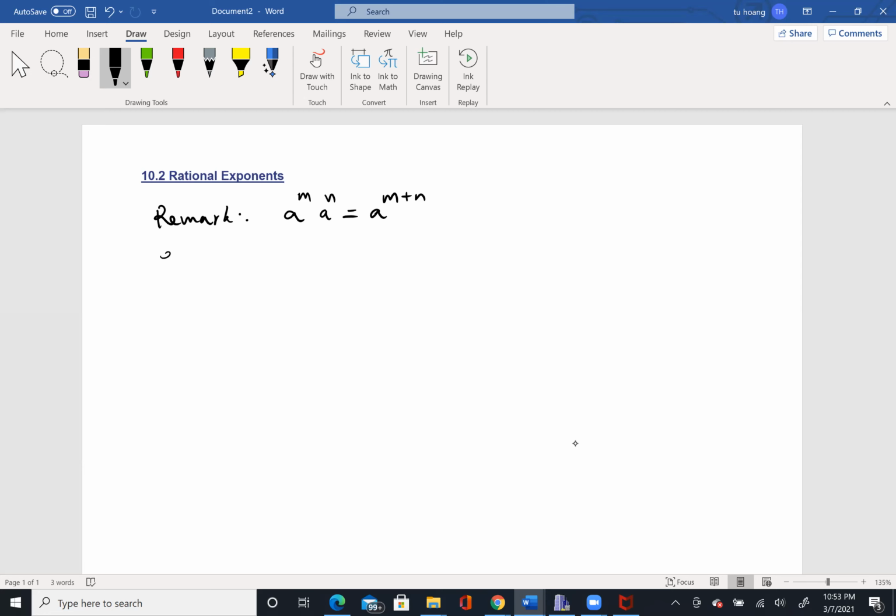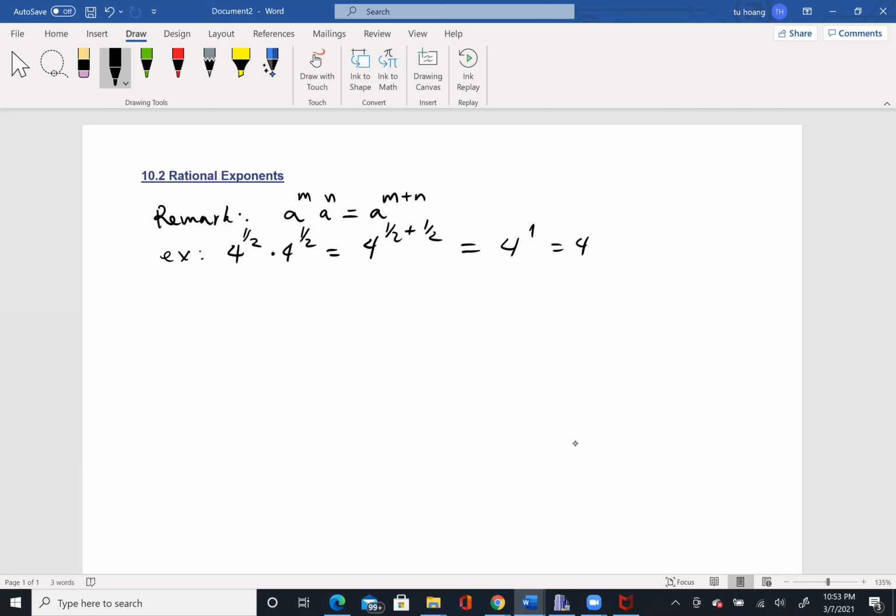So let's take a look at an example: 4 to the power 1/2 times 4 to the power 1/2, and let's see what happens. I'm going to have 4 to the power 1/2 plus 1/2, and that will give me 4 to the power 1, which equals 4. So what is the idea right now?